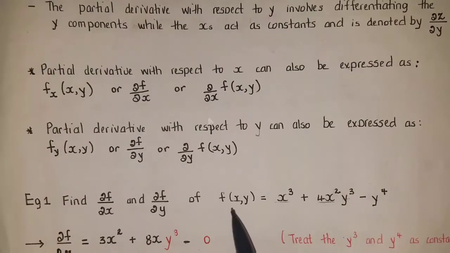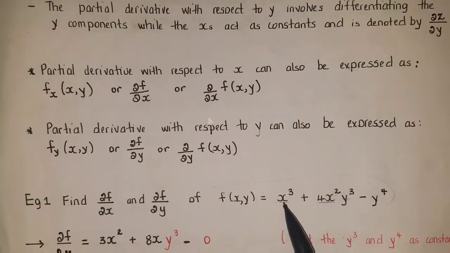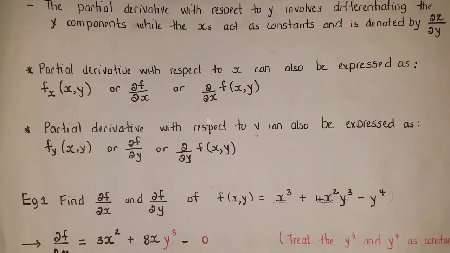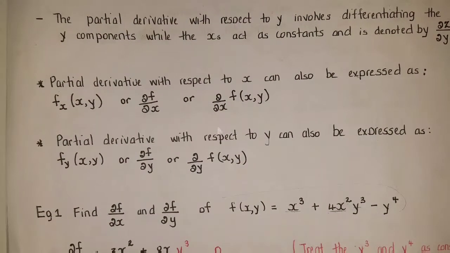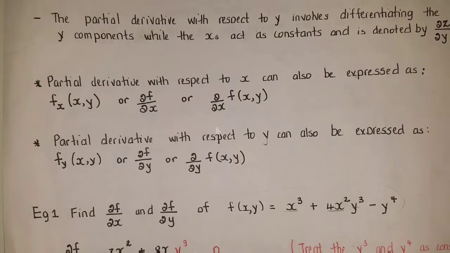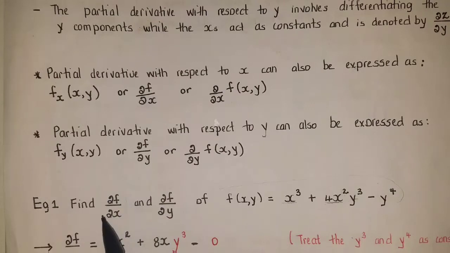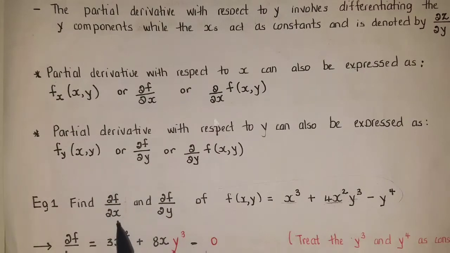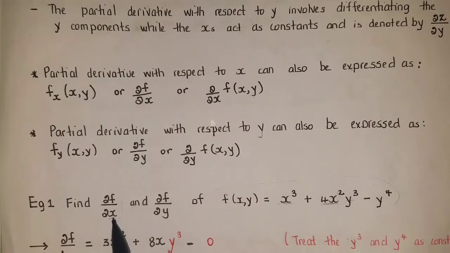Now, if you see here in the function, there are two variables. We have x and y. So for us to differentiate a function like that, we find the partial derivative. Now here we have the partial derivative of f with respect to x, and above it says to find it, we are going to differentiate all the x components and the y's are going to act as constants.